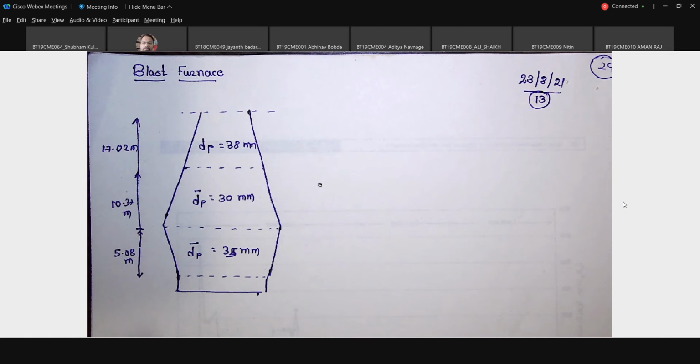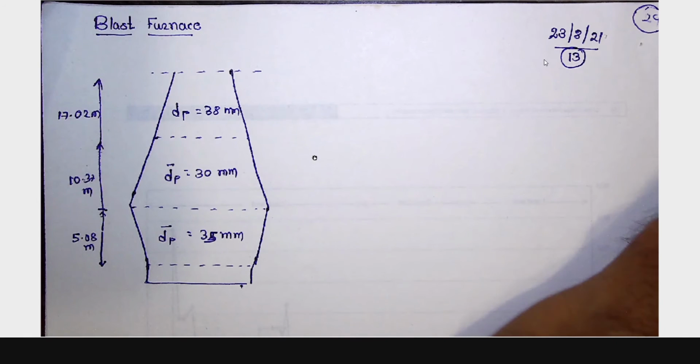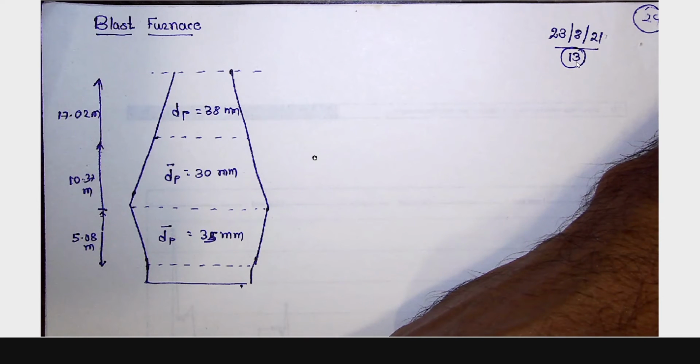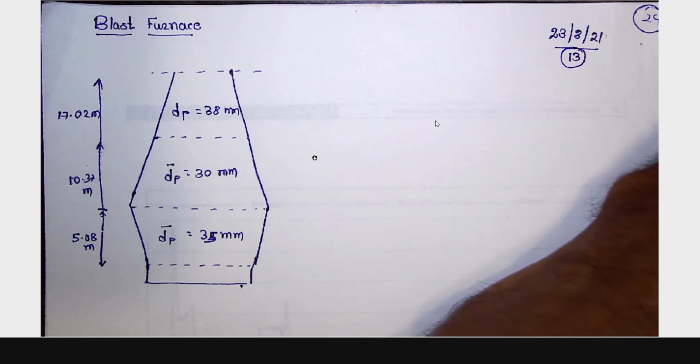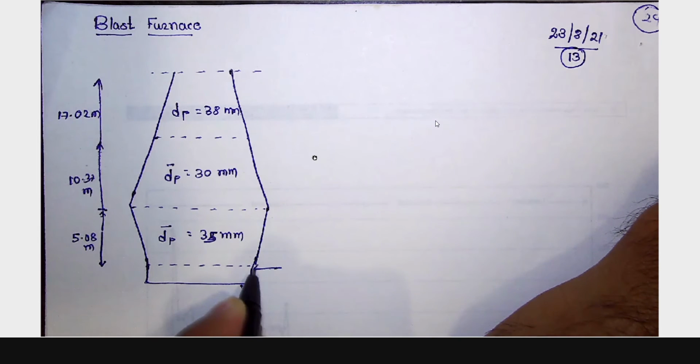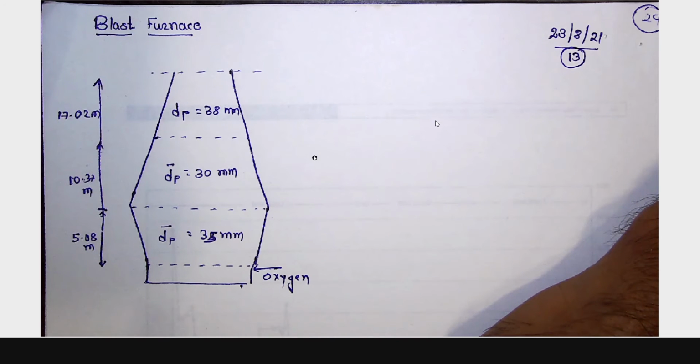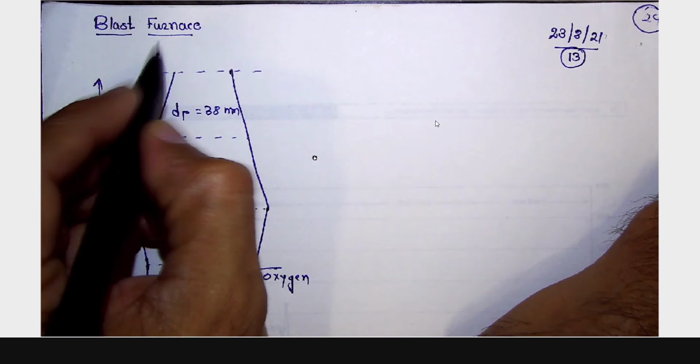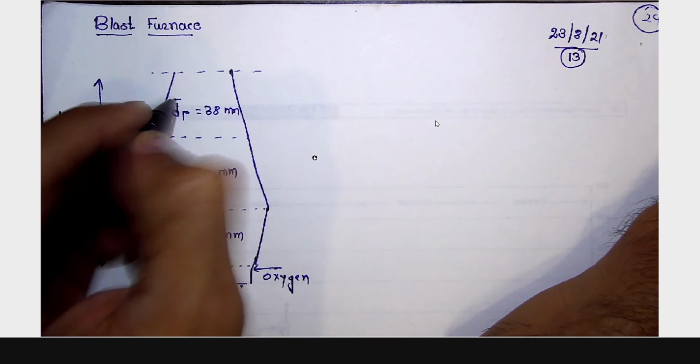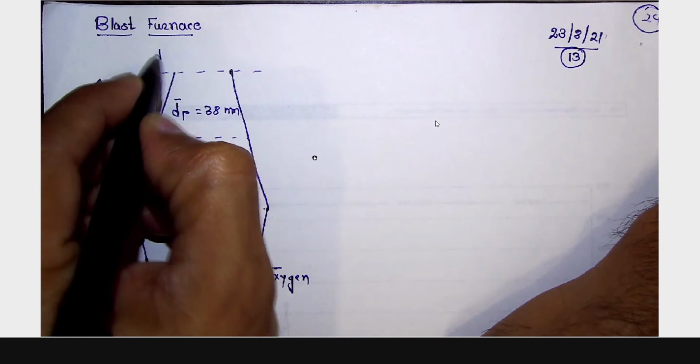Generally we use coke and iron particles, iron ore, feed it, and from the bottom there will be oxygen for combustion of this particular ore. Here the iron ore has an average particle diameter of around 15 mm.